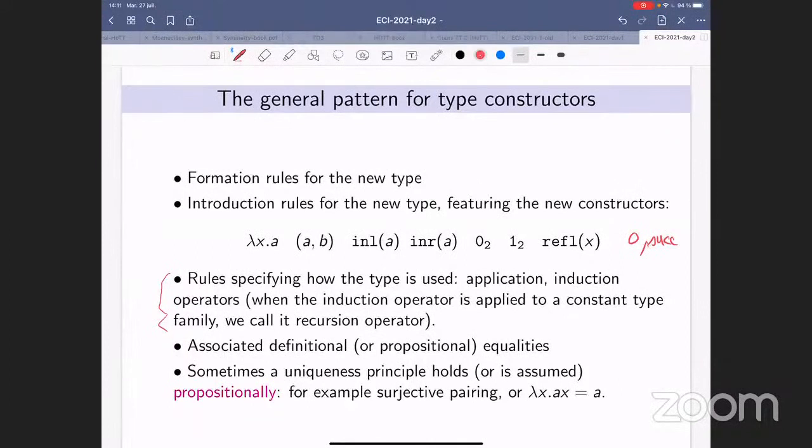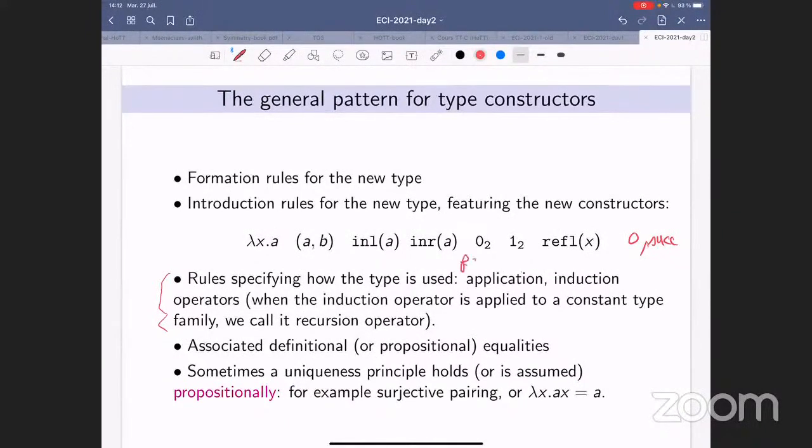What does it mean to eliminate? Well, you have something of your type, for example, a pi type. An application is an elimination because you take a function and you destroy it somehow by applying it to some element, and then you get a result.